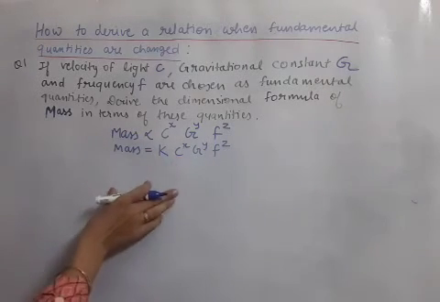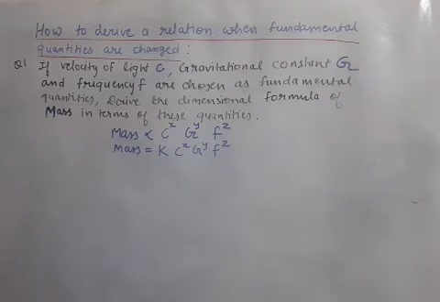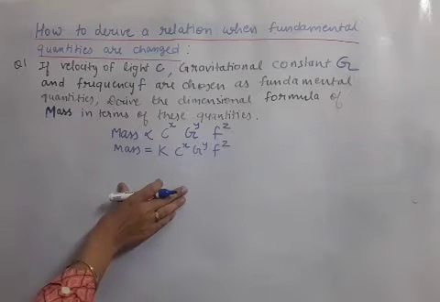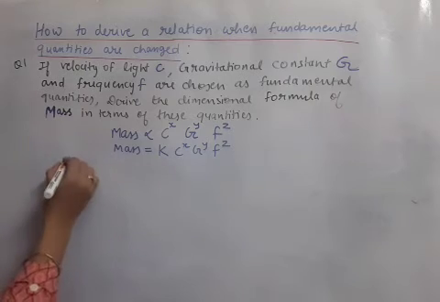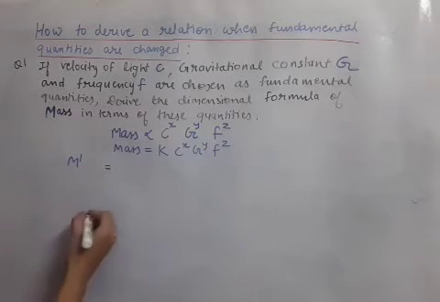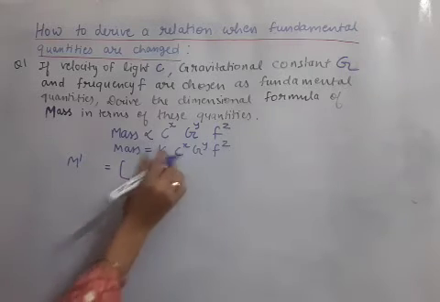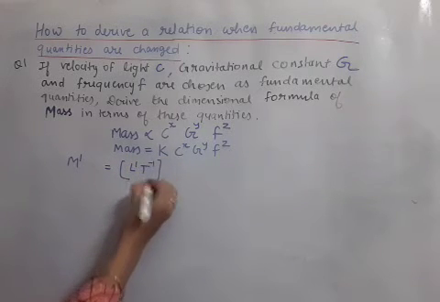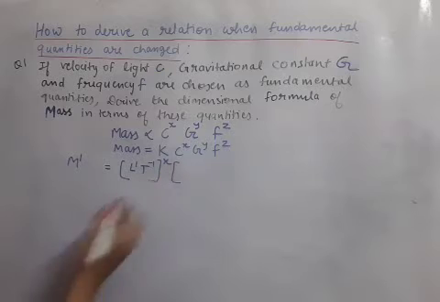The remaining part of the question will remain the same as we apply for deriving the relation. What we do, every quantity we replace by its dimensional formula. So mass means M^1, constant k ignored. Velocity c is velocity, velocity means L^1 T^-1, power x.